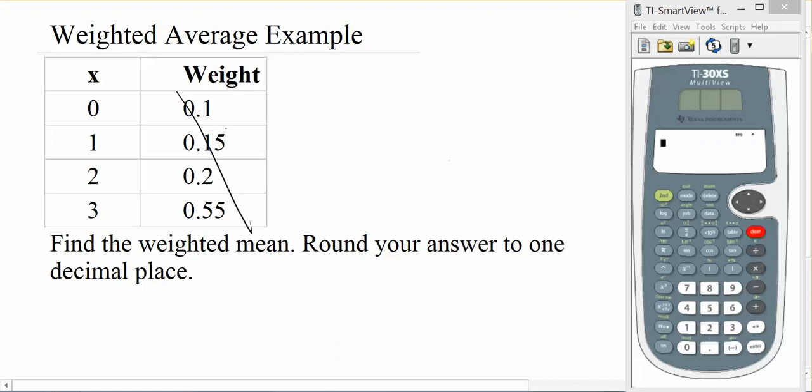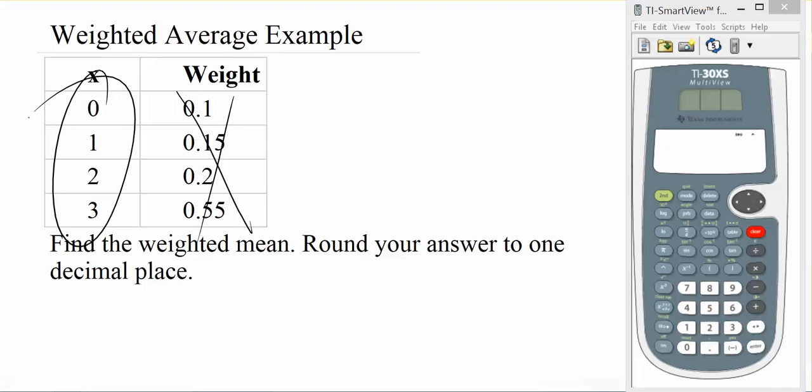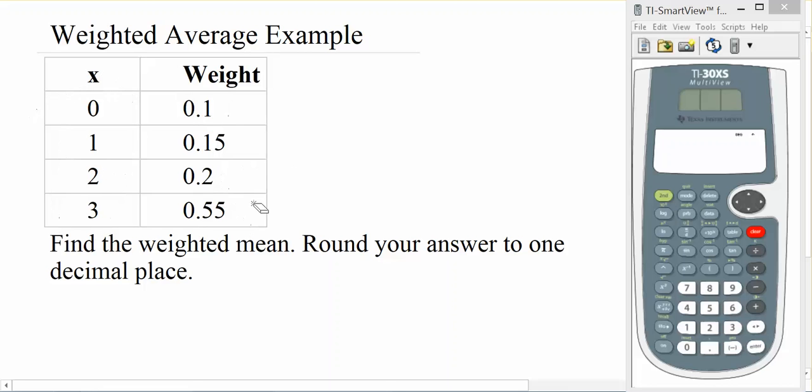So we can't ignore this and simply say, I can add these up and divide by 4. If we add 0, 1, 2, and 3 together and divide by 4, we're going to get 6/4 or 3 halves or 1.5.